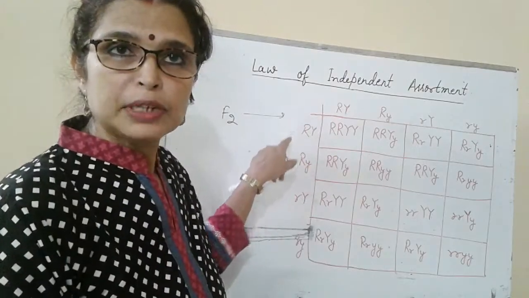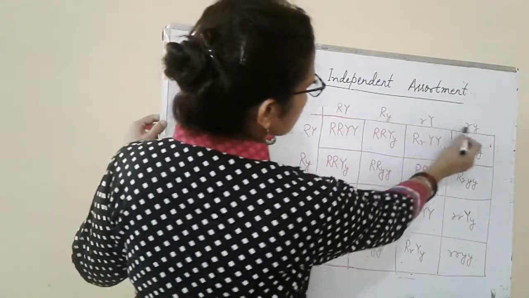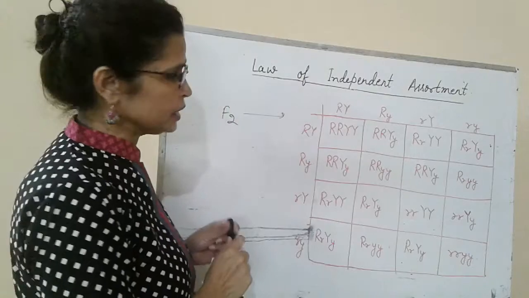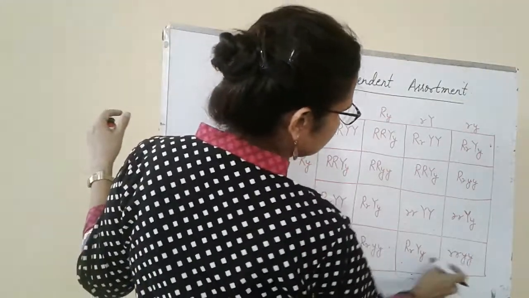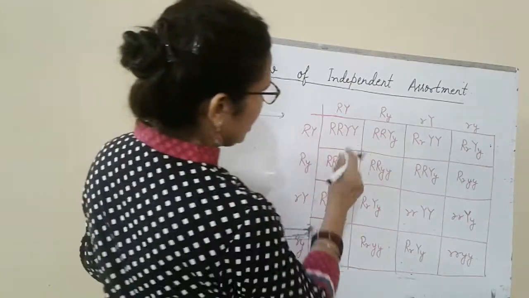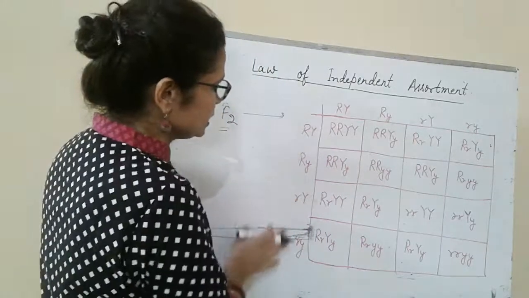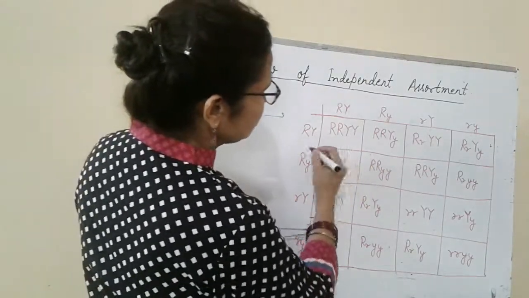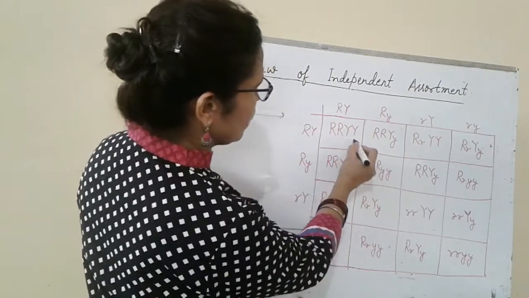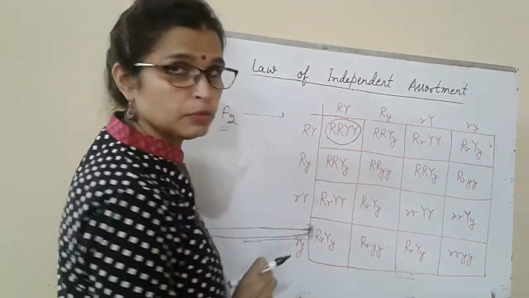Mendel placed the gametes produced by those plants in a Punnett square. On one side the male gametes were placed and on this side the female gametes were placed, and these are the genotypes of plants of the F2 generation. After fertilization of these gametes, the phenotype of the plants of the F2 generation: capital R, capital Y gives round and yellow seeded plants.